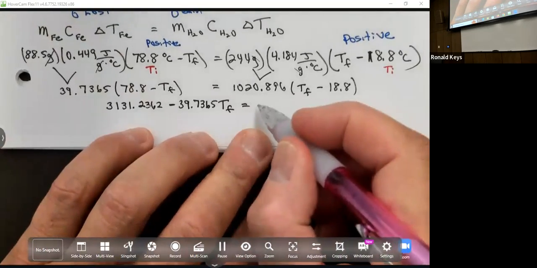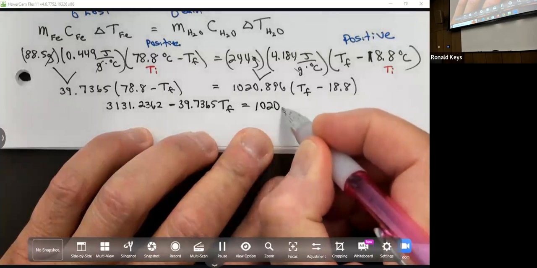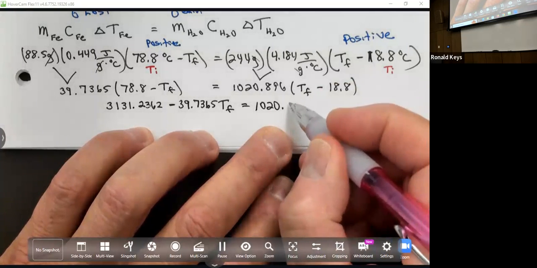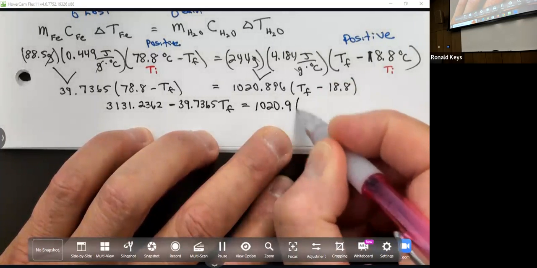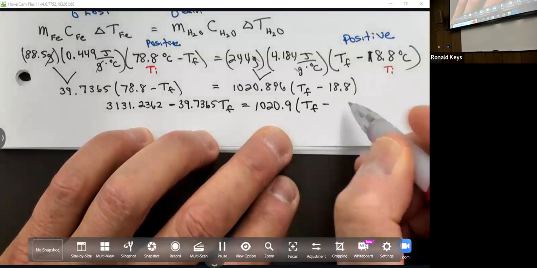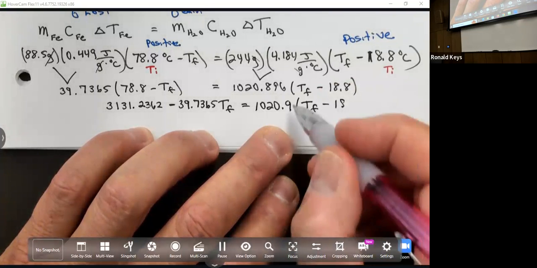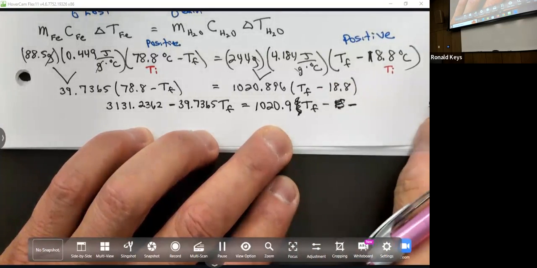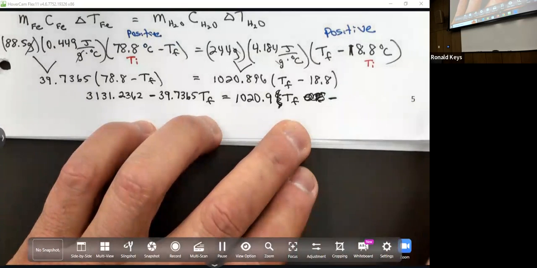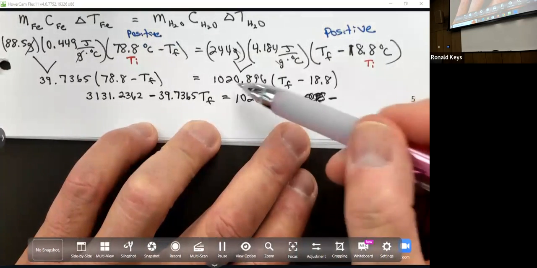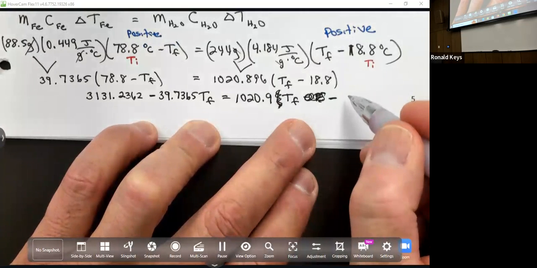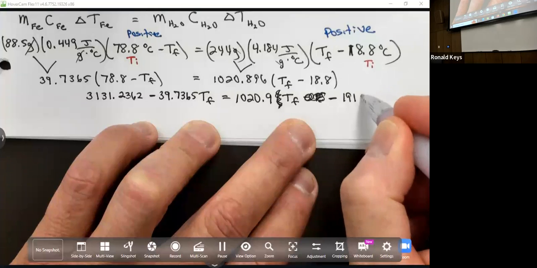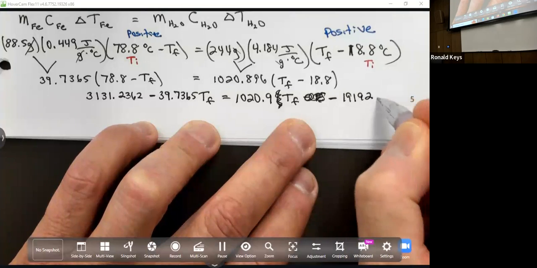And we distribute this through, this is going to be 1020.896. I'm not sure why I just don't round that to 9. That's so close. Minus 8. No, what am I doing? That's T final. And then minus 2.8.